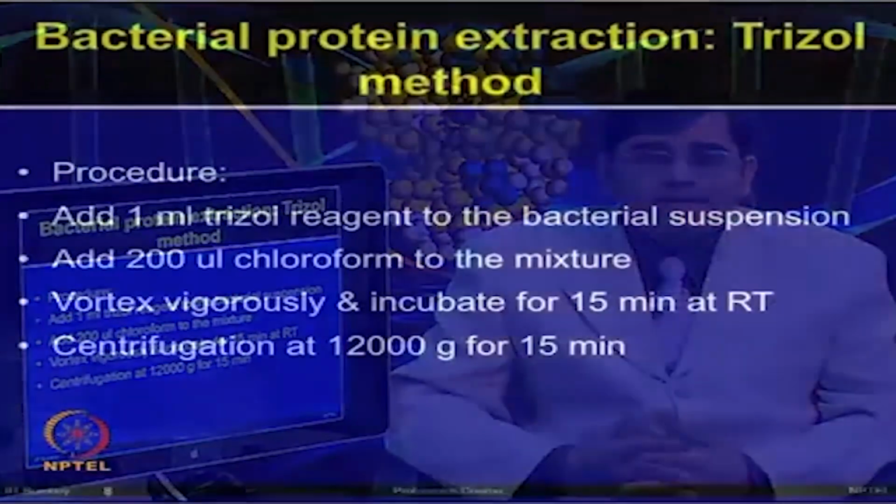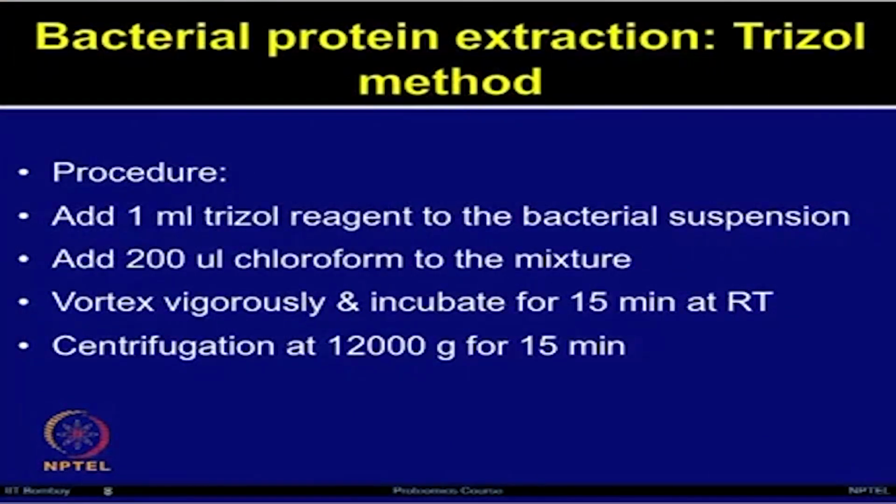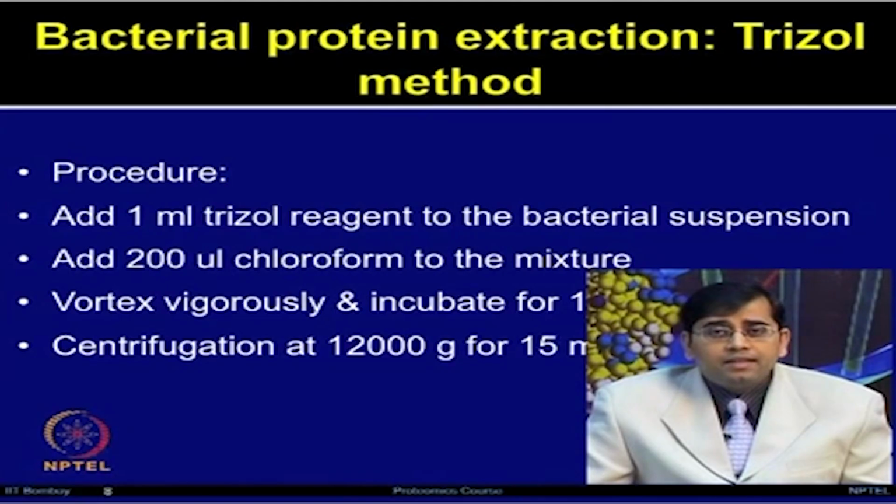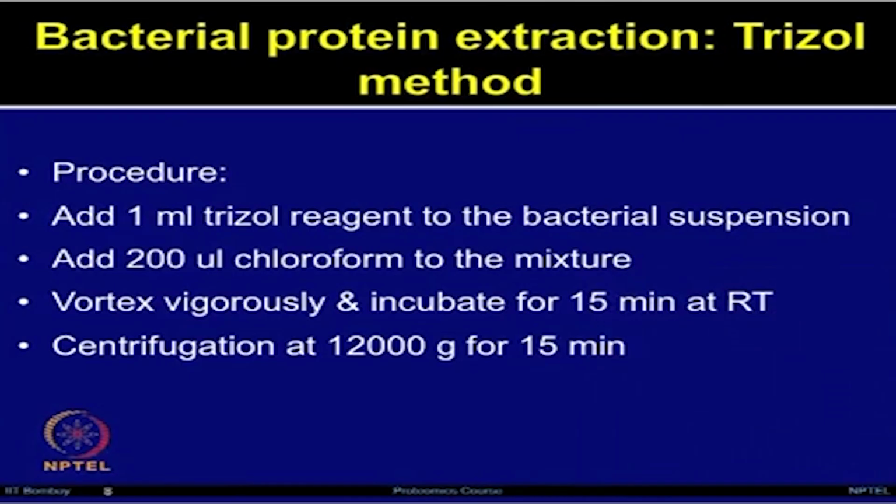So, you can start with 1 ml of Trizol reagent and add that to the bacterial suspension, then add 200 microliter of chloroform immediately to the same mixture. Vortex this mixture vigorously for 15 to 30 seconds and incubate it at room temperature for 15 minutes. Centrifuge the sample at 12,000 g for 15 minutes.